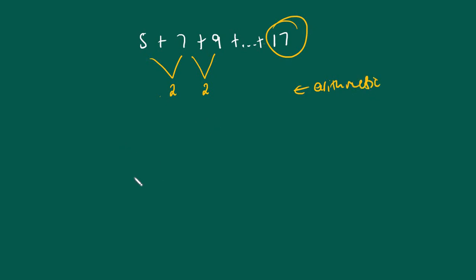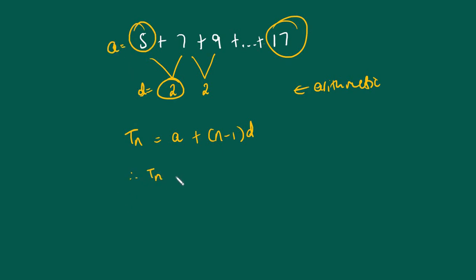Since I'm dealing with an arithmetic series, I need to find the general term. We can say Tn is equal to a plus (n minus 1)d. Remember, from this we know that this is our d, and this is our a. So the general term is 5 plus (n minus 1) with a difference of 2.